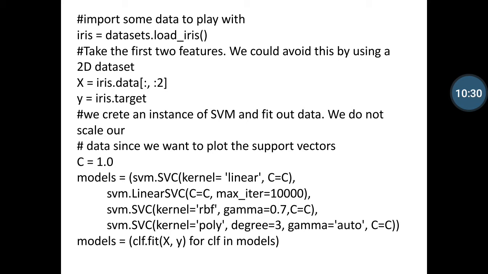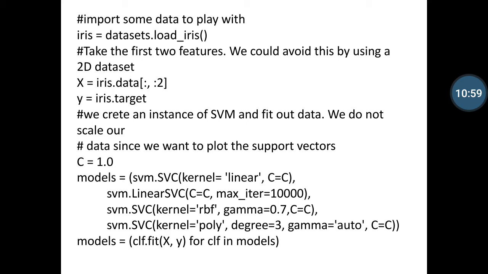I call the svm class from sklearn and call the SVC method, with kernel is equal to linear and C is equal to C. Then svm.LinearSVC is also called with the arguments C is equal to C and max_iter is equal to 10,000. That is the maximum number of iterations put in our model.